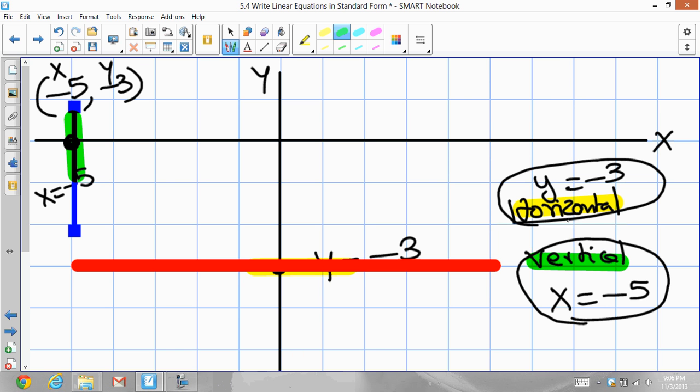The equation for the horizontal line is y equals negative 3. The equation for the vertical line is x equals negative 5 because the vertical line goes to the x point while the horizontal line goes to my y value.